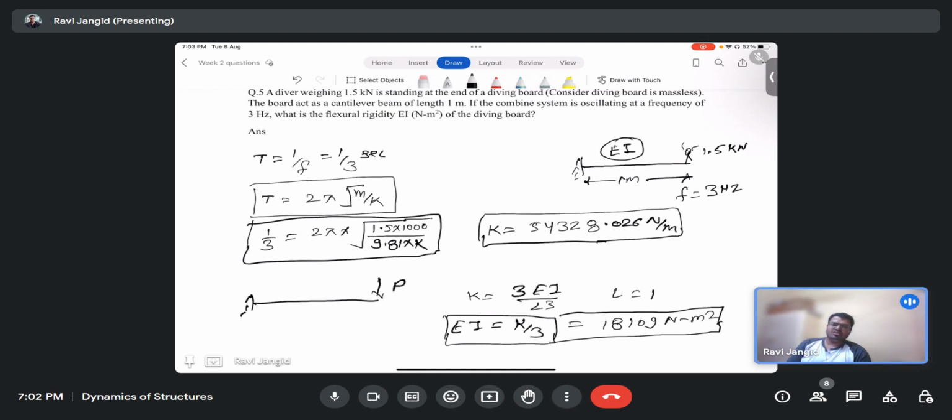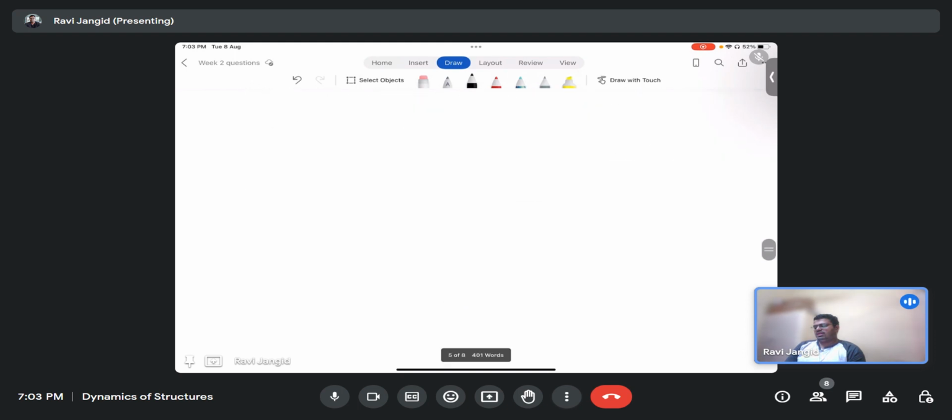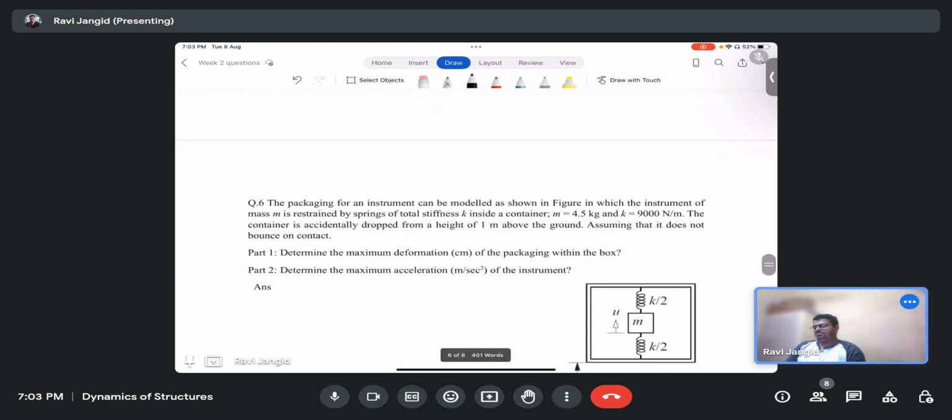So you need to calculate the mass, and then using that calculate the stiffness. That is another way. If not, let us move to another problem.